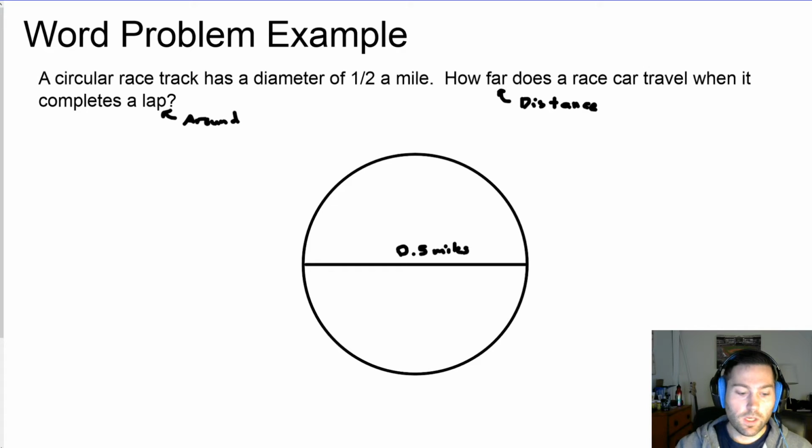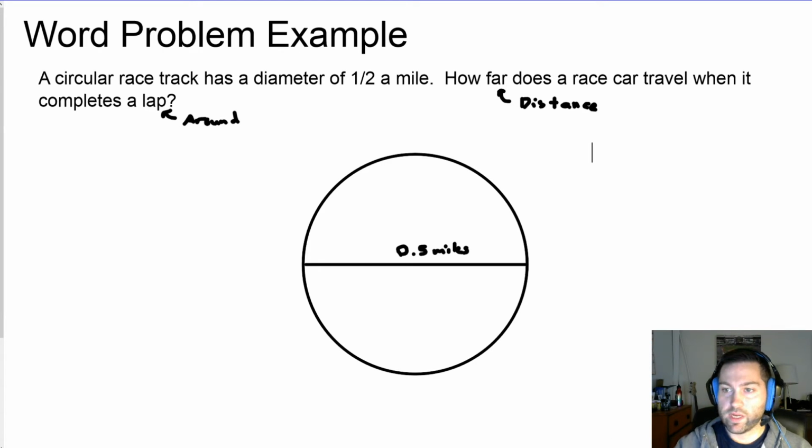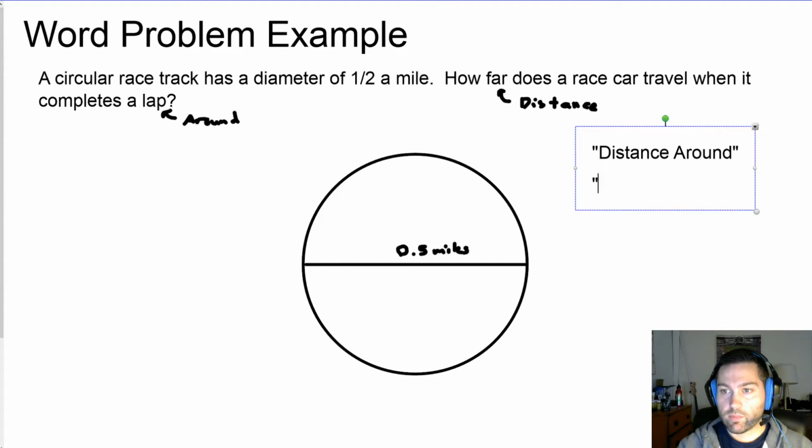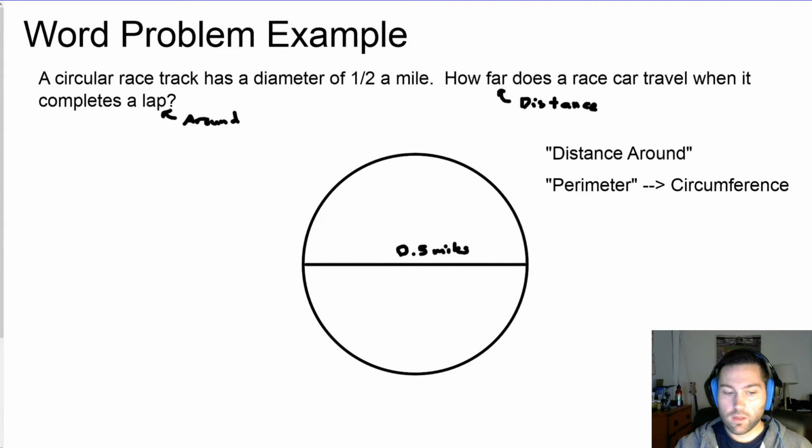The phrase distance around would be like perimeter, or that leads me to know that that's circumference. So I'm definitely dealing with a circumference problem here.